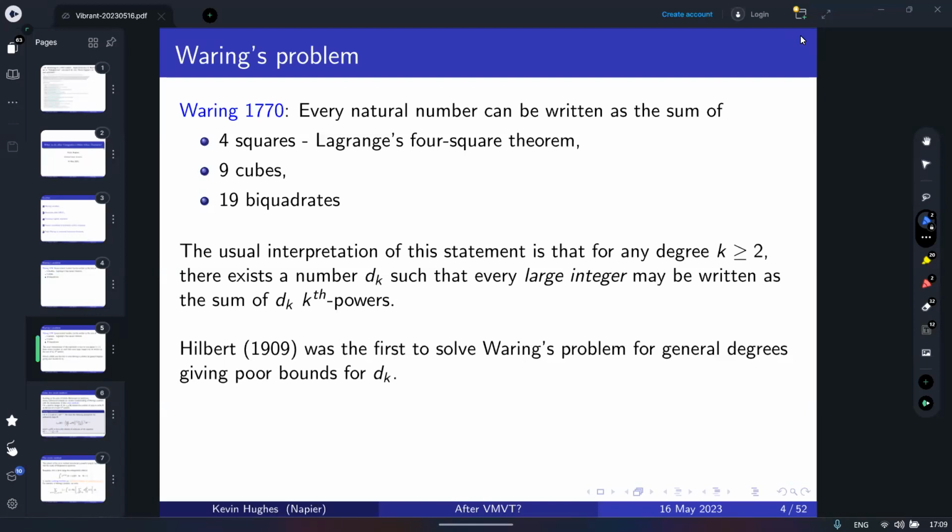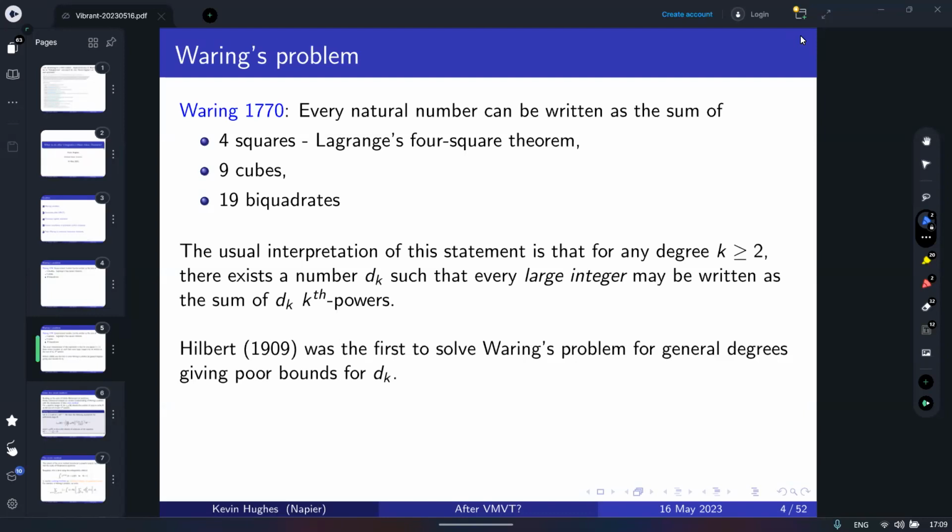For squares it's 4, for cubes it's 9, and for 4th powers it's 19. For 5th powers it's something even bigger, and so on. And every large integer has a representation as a sum of that many kth powers, where again I'm allowing 0 to pad it out.